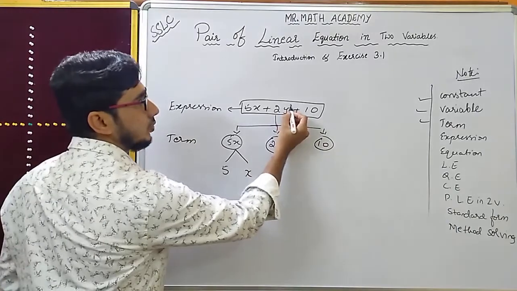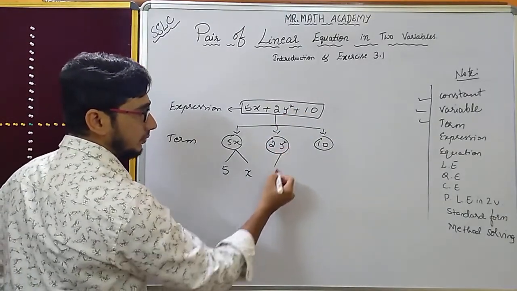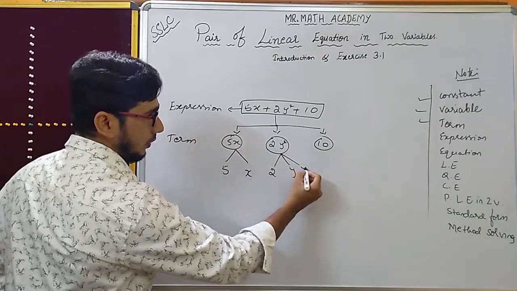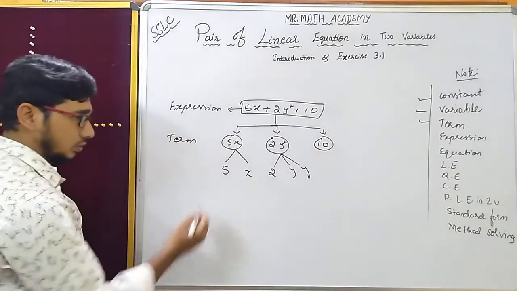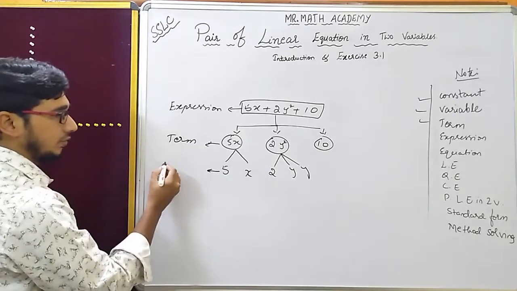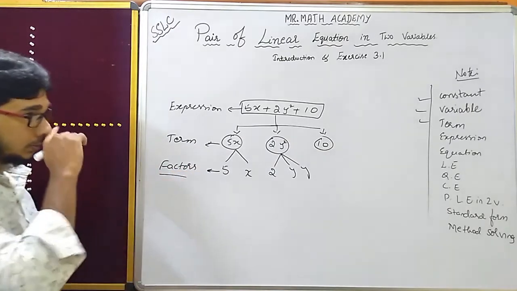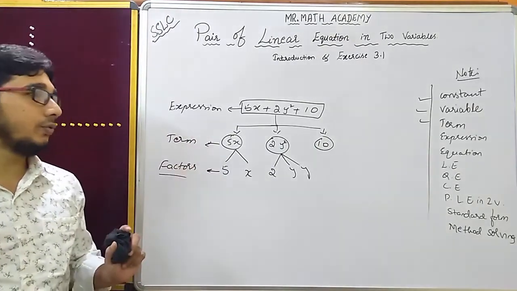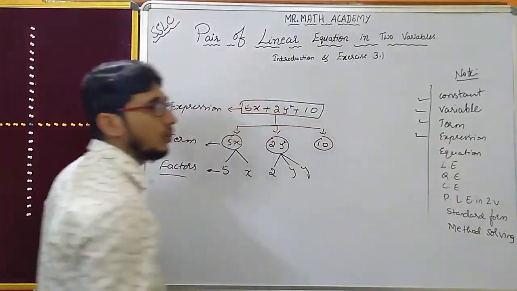Suppose if it is a square here, it will become a square here also. Then 2y is 2 times y, and the constant as it is. These things we call factors. So you have to remember here: expression, term and factors. Till now we have studied expression.